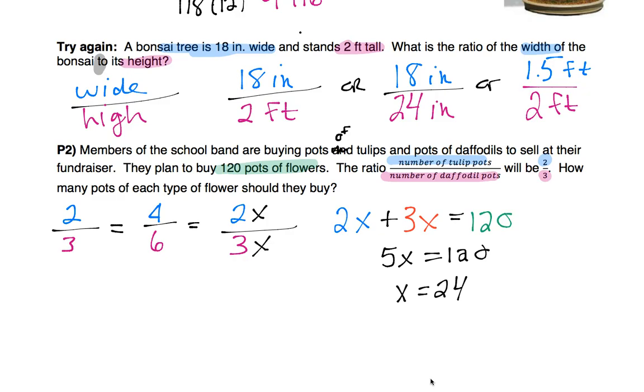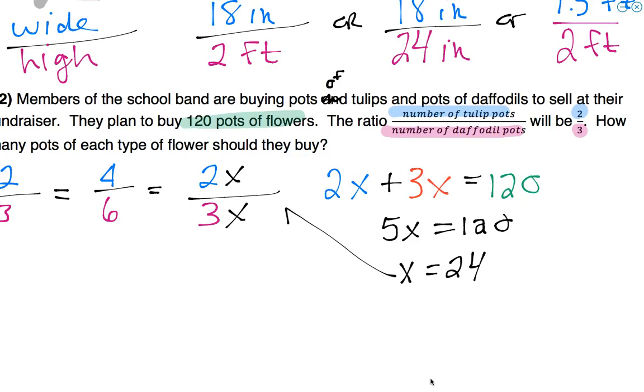So if x is 24, that means we're going to go 2 times 24, and we're going to do 3 times 24.